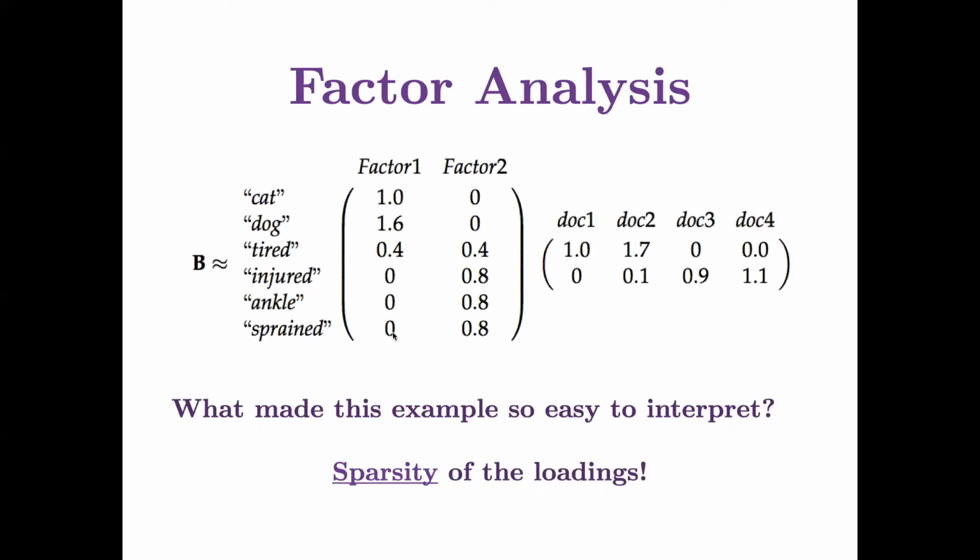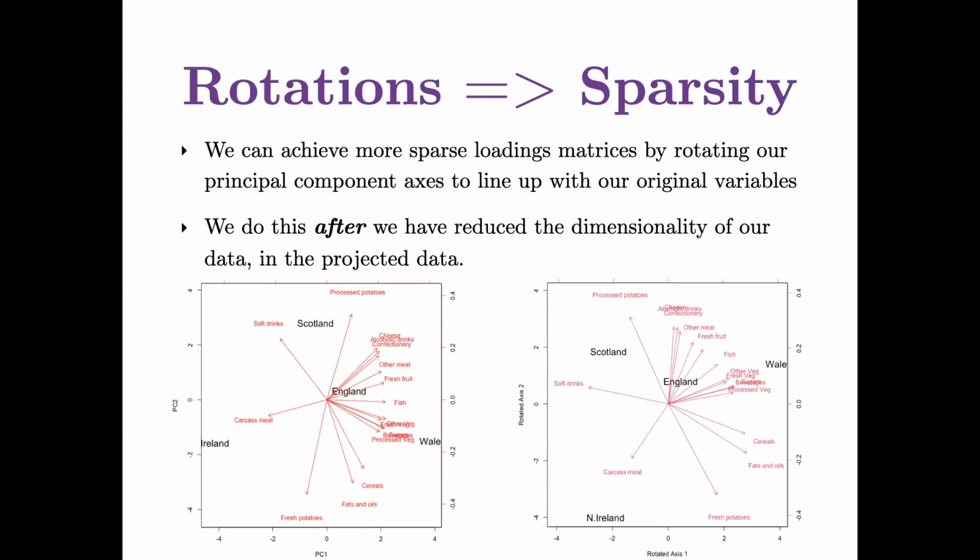And that's often where we find ourselves in principal components. We find that all the variables have some non-zero loading on all the principal components, and interpretability is very challenging. So what we're going to do is try to encourage that sparsity.